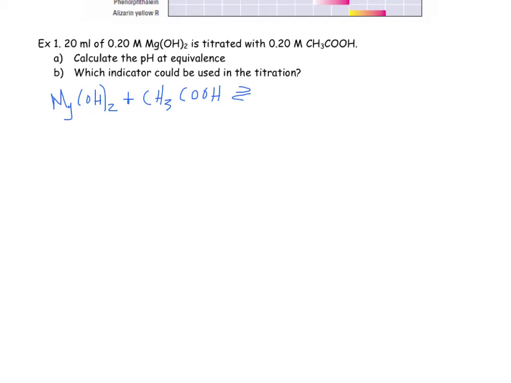This would be a double displacement reaction where my magnesium will go with the acetate and the hydrogen falling off of the carboxylic acid will join with the hydroxide and make water.